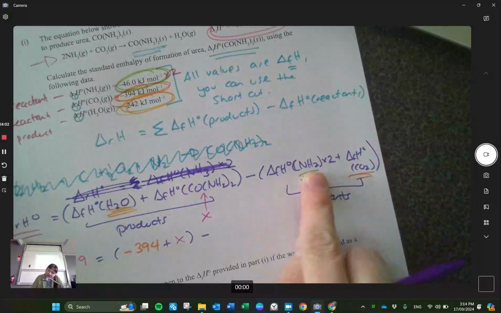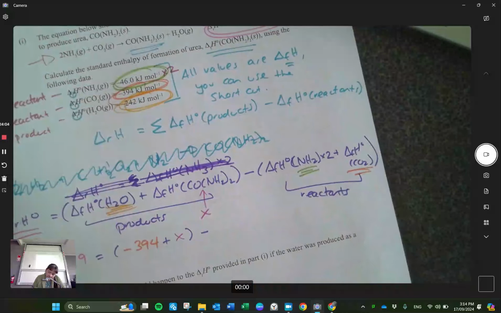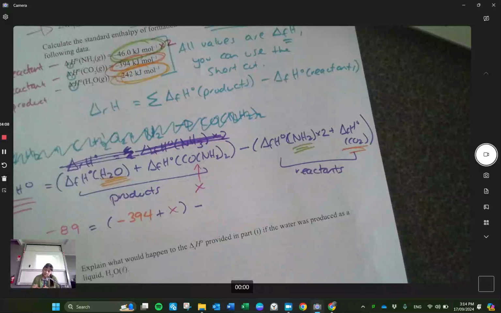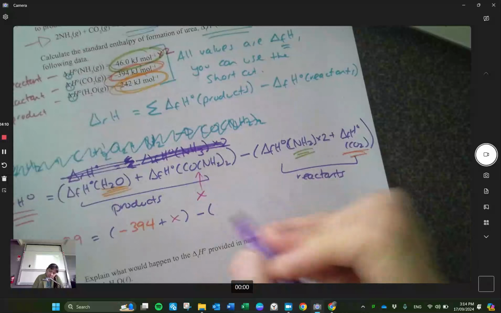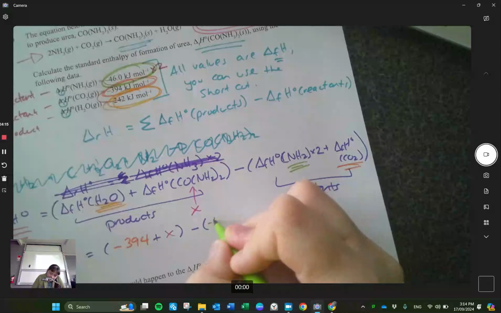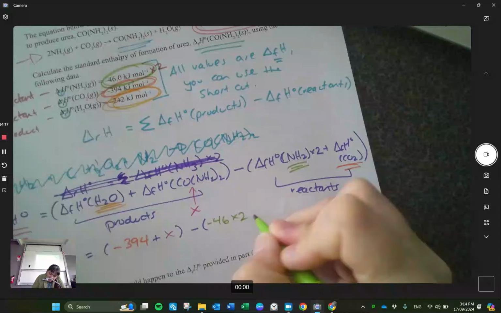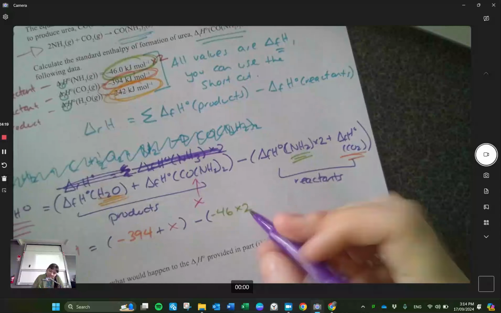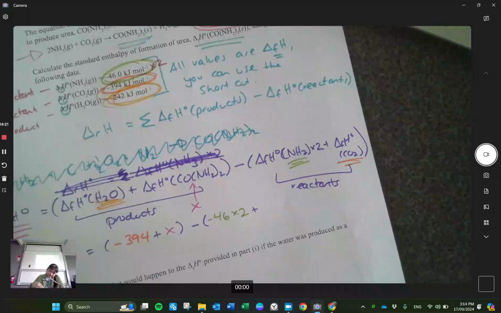Minus this value here, so the ammonia, plus my carbon dioxide.